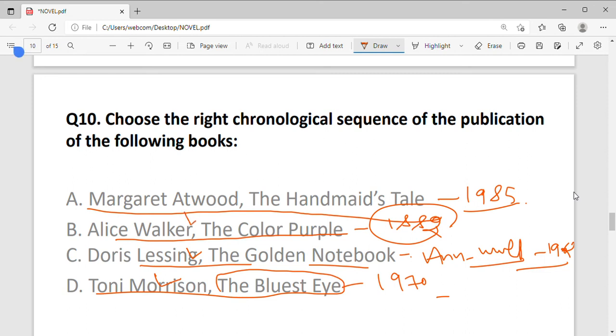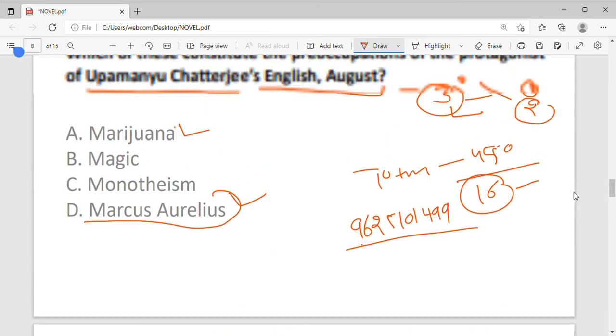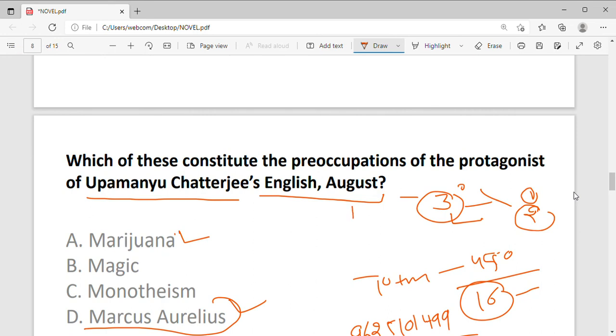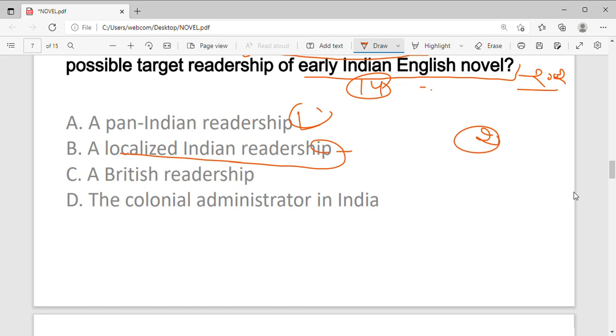Alice Walker, American, black American woman. Margaret Atwood, Canadian, right? So this is again world literature, first question. And then we have Suriname, second question for world literature, right? Indian literature, first question. Second question, Indian literature.